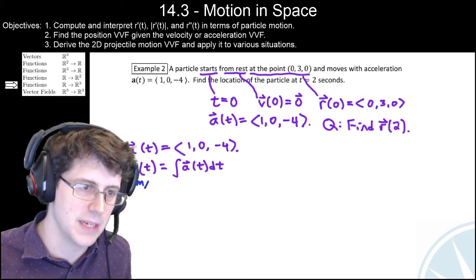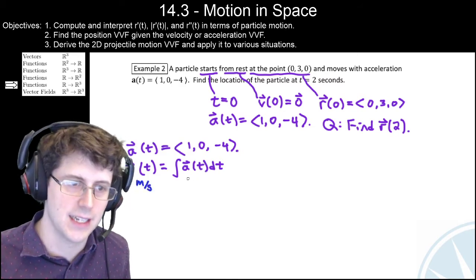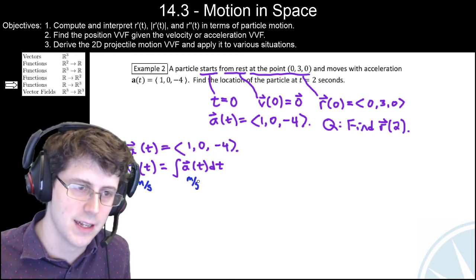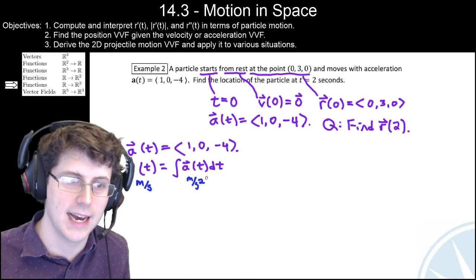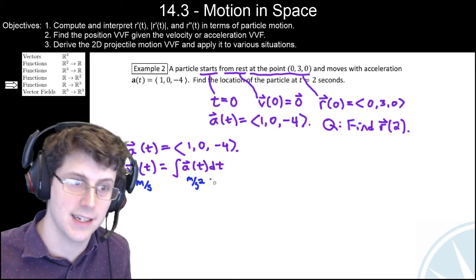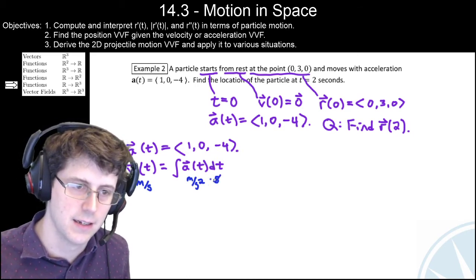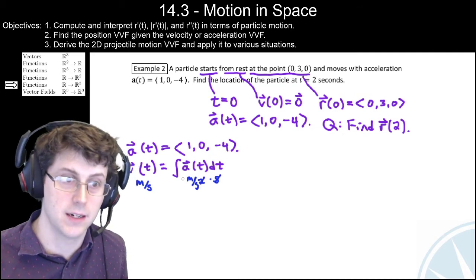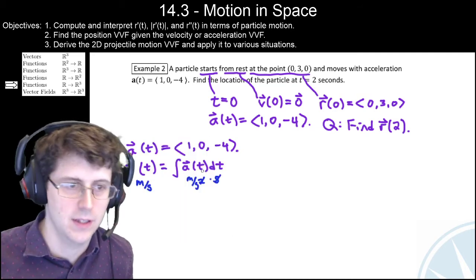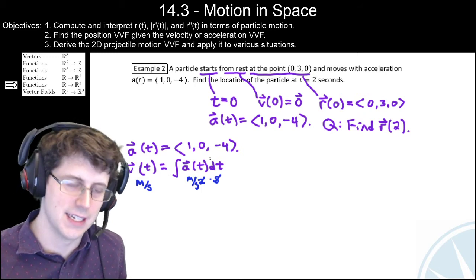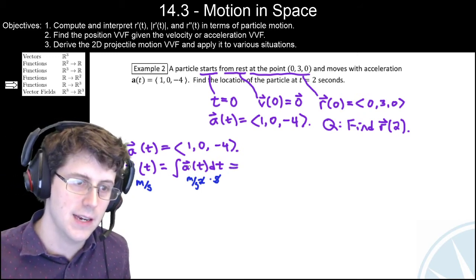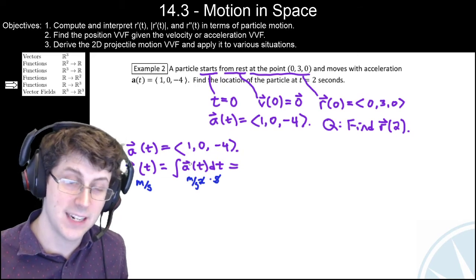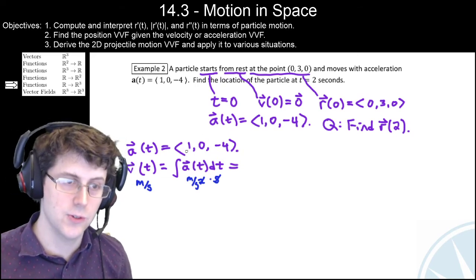Velocity over here is meters per second, but acceleration is meters per second squared. Whoa. Where's the rest of the units? dt is a tiny bit of seconds. So the units do match. You should think of integrals as things that work in the real world. They preserve units.